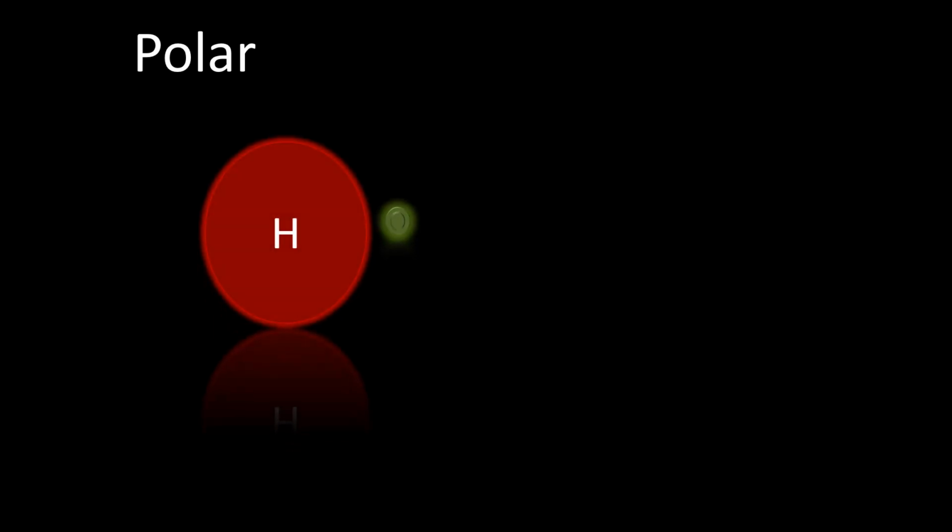Now, first of all, we will discuss polar molecules. As we have already discussed hydrogen fluoride, let's again take it as an example. In hydrogen, we have one electron revolving around the positively charged nucleus.